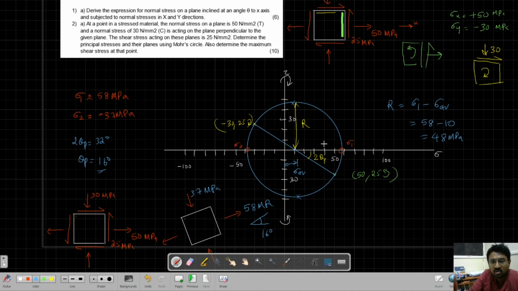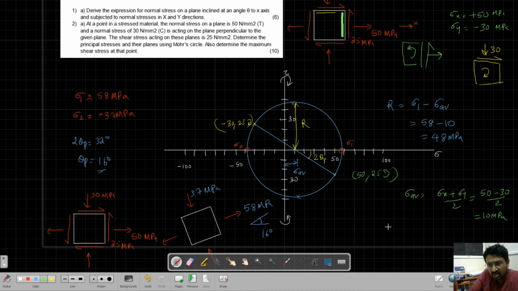Now, if you want to check this, it's a 10 mark question. If you draw the Mohr circle and get these values, you should get 10 marks. But to make sure that your answer is right, you can check. For example, sigma average should be equal to sigma x plus sigma y by 2, that is 50 minus 30 by 2 equal to 10 MPa. So this point is correct.